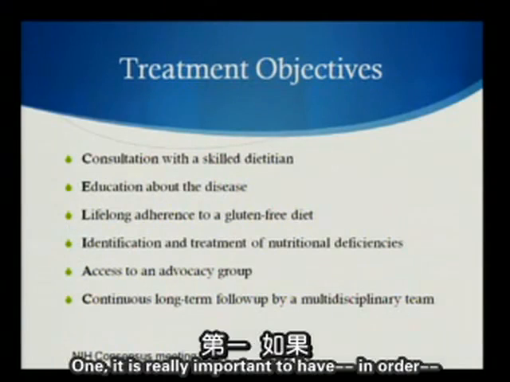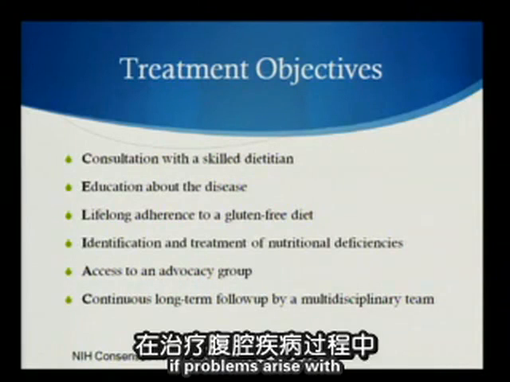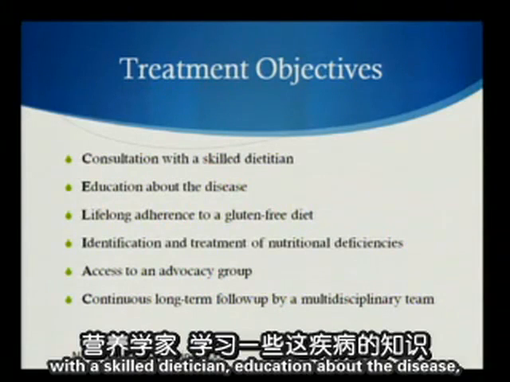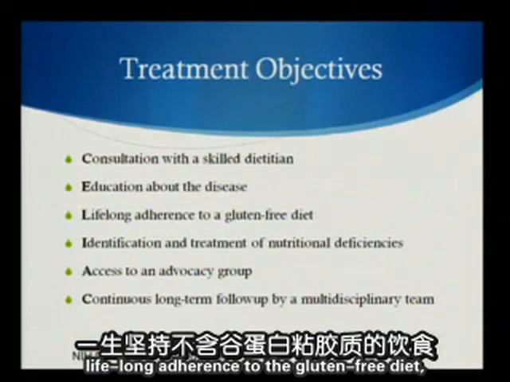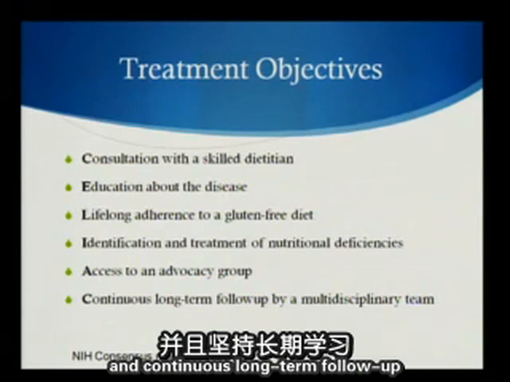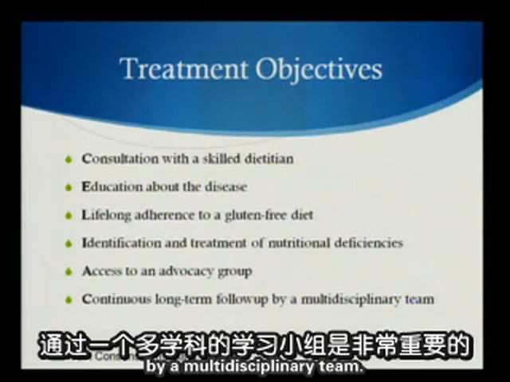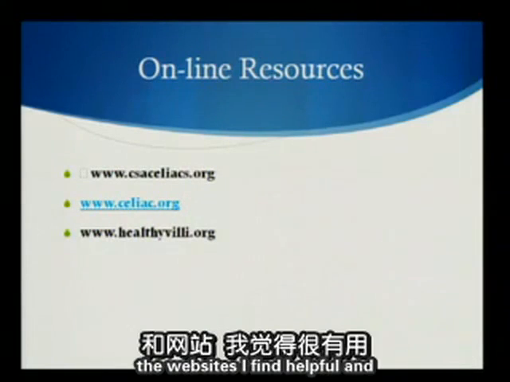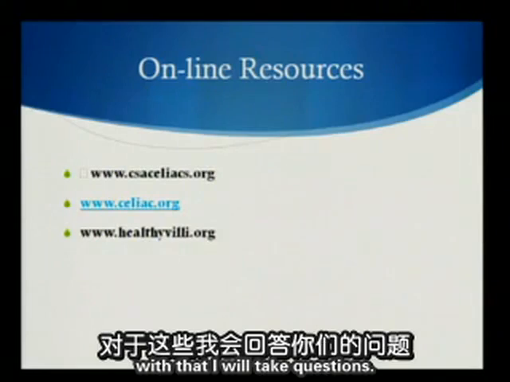One, it's really important to have, if problems arise with treatment of celiac disease, consultation with a skilled dietitian, education about the disease, lifelong adherence to the gluten-free diet, identification and treatment of nutritional deficiencies, access to advocacy groups, and continuous long-term follow-up by a multidisciplinary team. And these are some of the organizations whose websites I find helpful. And with that, I will take questions.